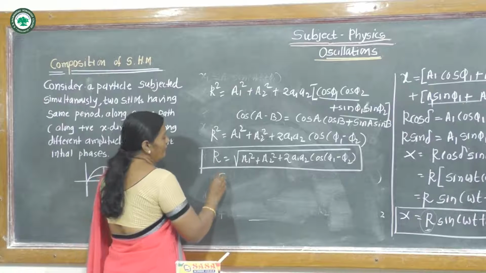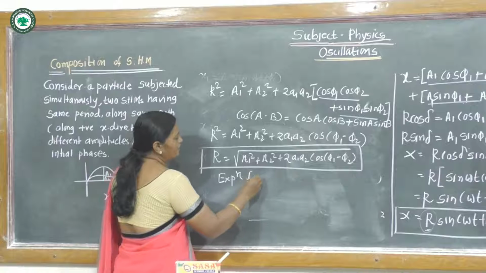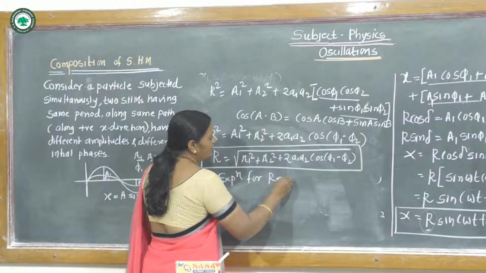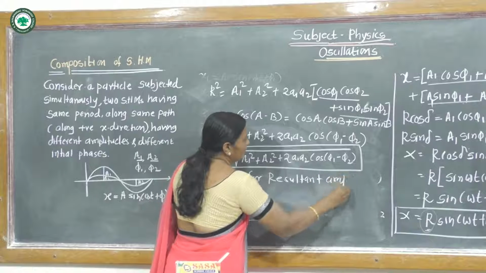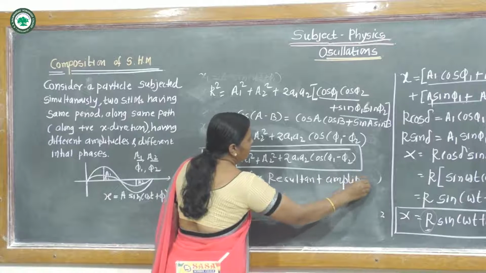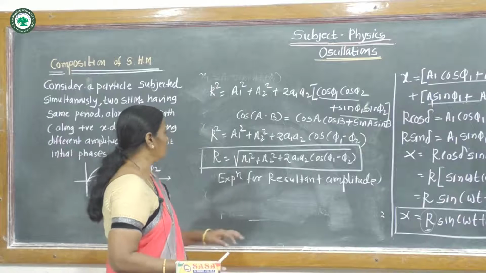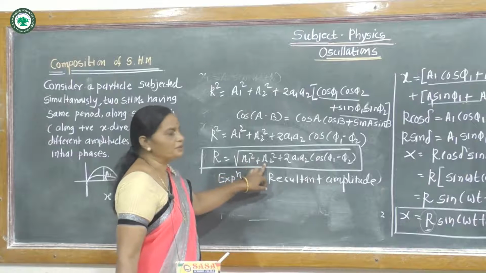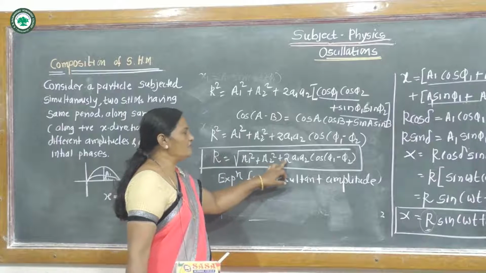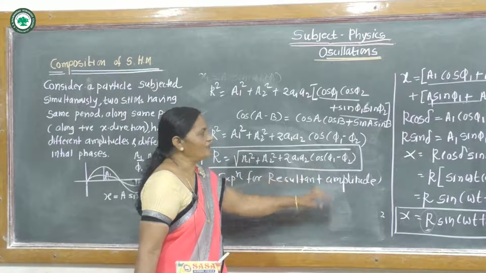Here R is called the resultant amplitude. Expression for resultant amplitude: the resultant amplitude R is given by under root A1 square plus A2 square plus twice A1 A2 cos of phi 1 minus phi 2.